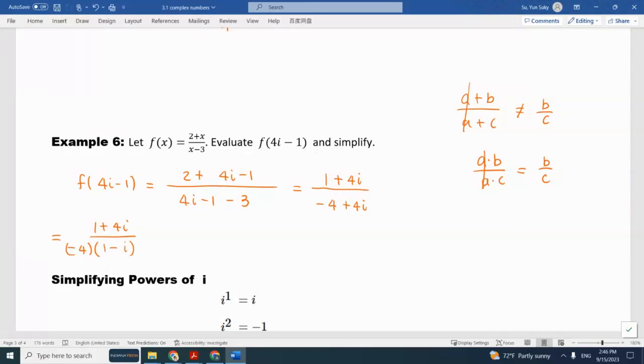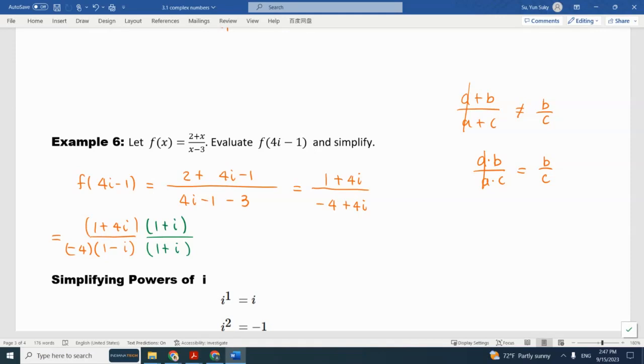Oh, how nice. See, this minus 4 is already a real number. Do you agree? So we just need to get rid of the i here. We multiply it by the conjugate of that. The conjugate of that is what? 1 plus i. Yes, everybody?